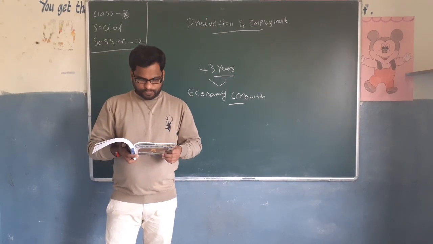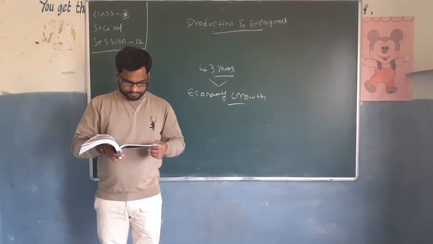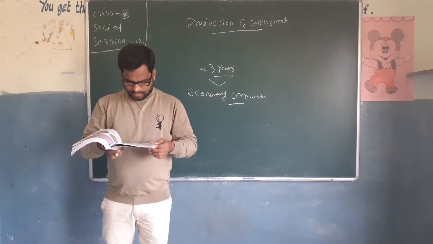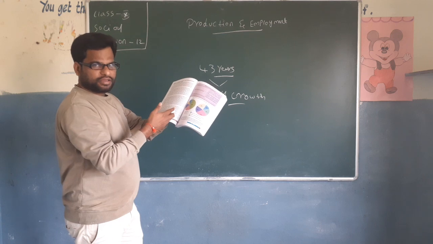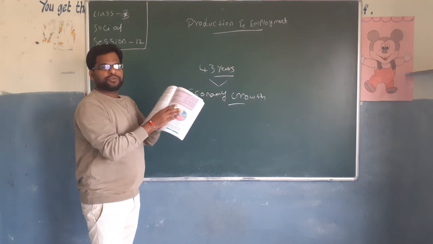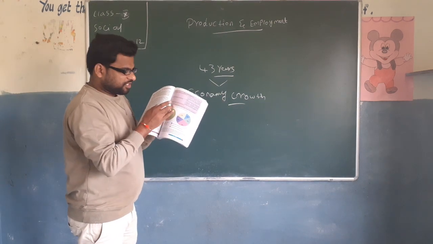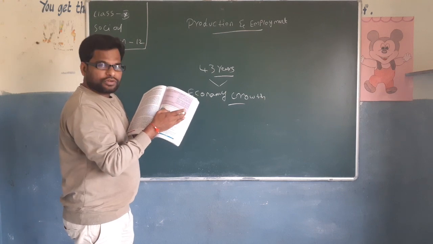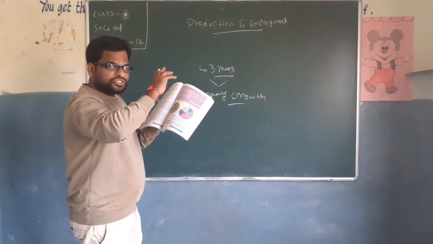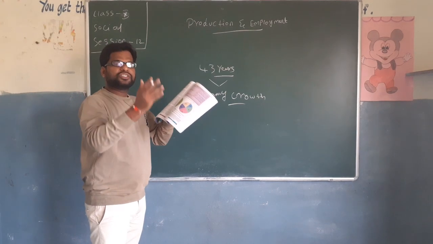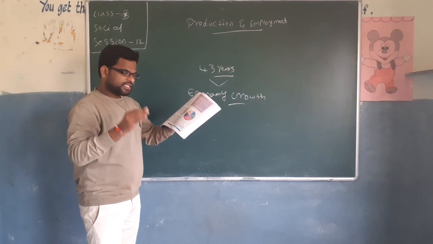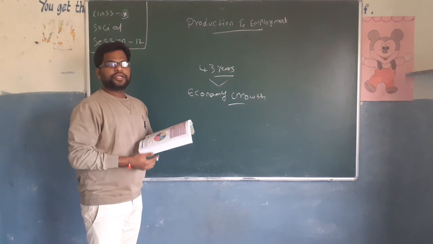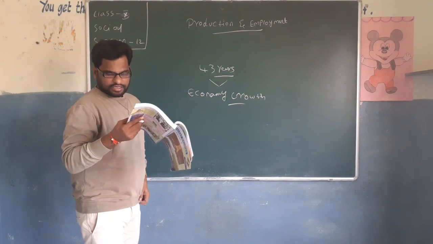Now here you have given many points related to GDP. We can go directly to the diagrams. In 73 to 74, and in 2015 to 2016, how the GDP has increased or decreased in agriculture, industry, hotels, finance, insurance, community, social and personal services.